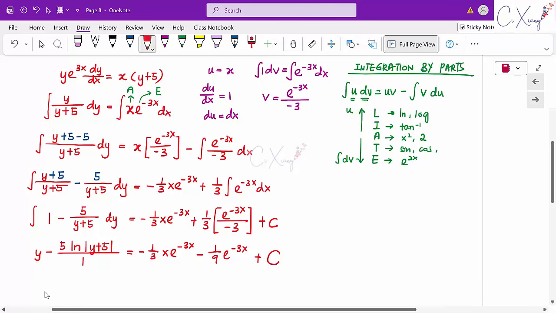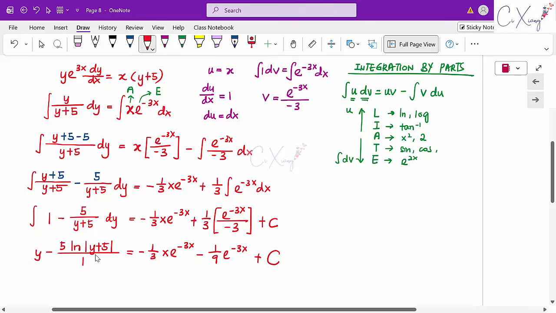Just that when you try to find the value of C, if I put my C here and get the value of C is 5, then if you put your C on the left, your C will be the opposite sign, which is negative 5. It doesn't matter which side you put.